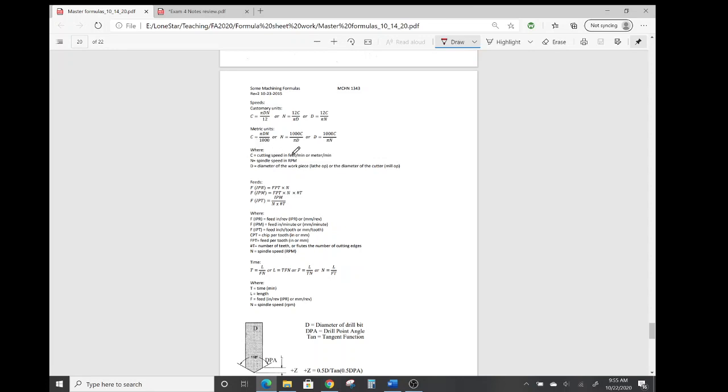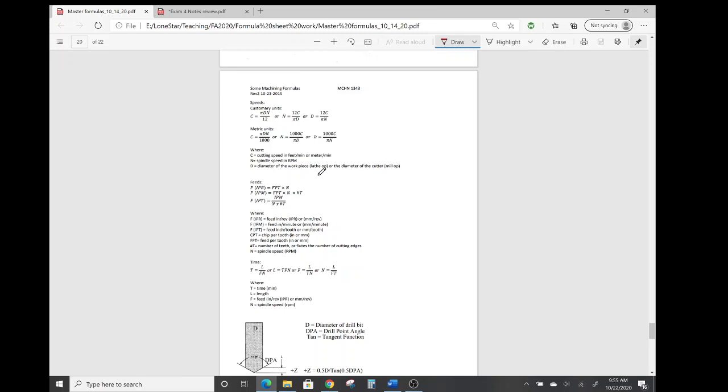Cutting speed is in feet per minute or meters per minute. This is actually surface feet per minute. It would be the circumference of the tool or the part. Spindle speed in RPM and the diameter of the workpiece, lathe operation, or the diameter of the cutting tool.